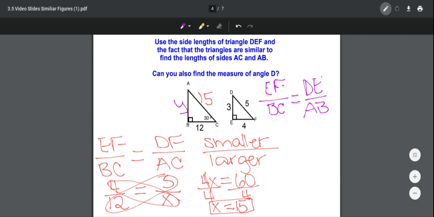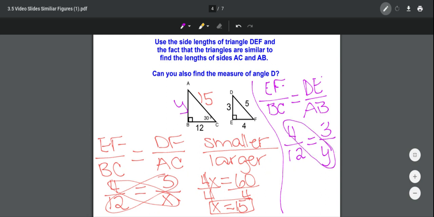So let's fill in the blanks with our values. EF is equal to 4. BC is equal to 12. DE is equal to 3. And AB, well, we don't know what that is. We will use Y for that example.